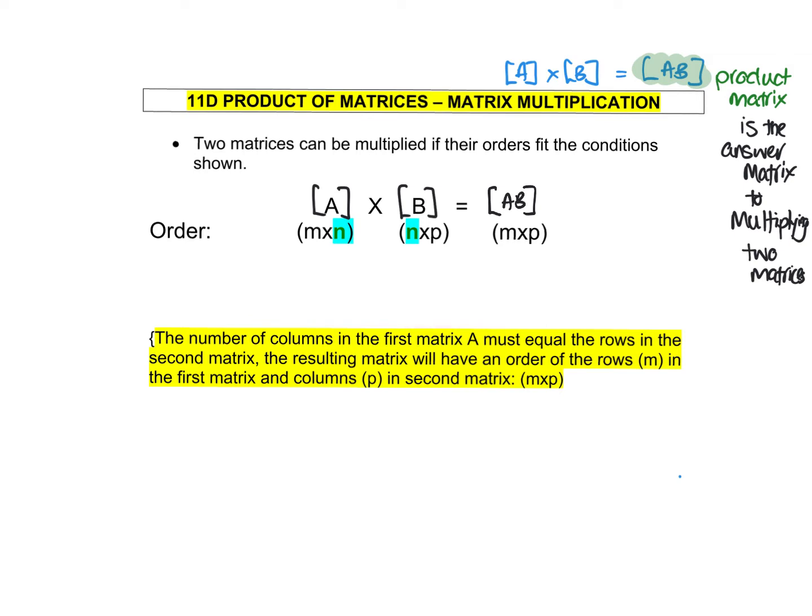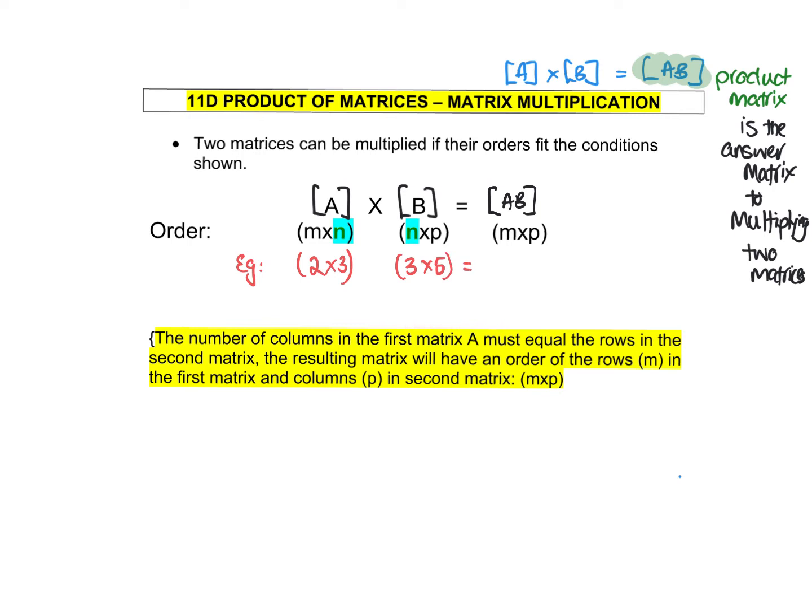If we look at these two matrices that we're going to multiply together, they're going to have their own order. Say, for example, matrix A was a 2 by 3, and then matrix B was a 3 by 5.